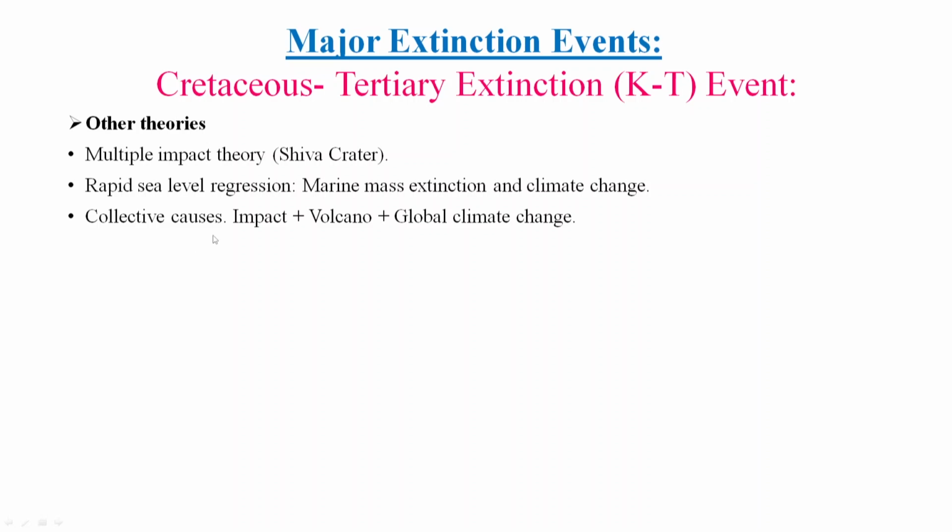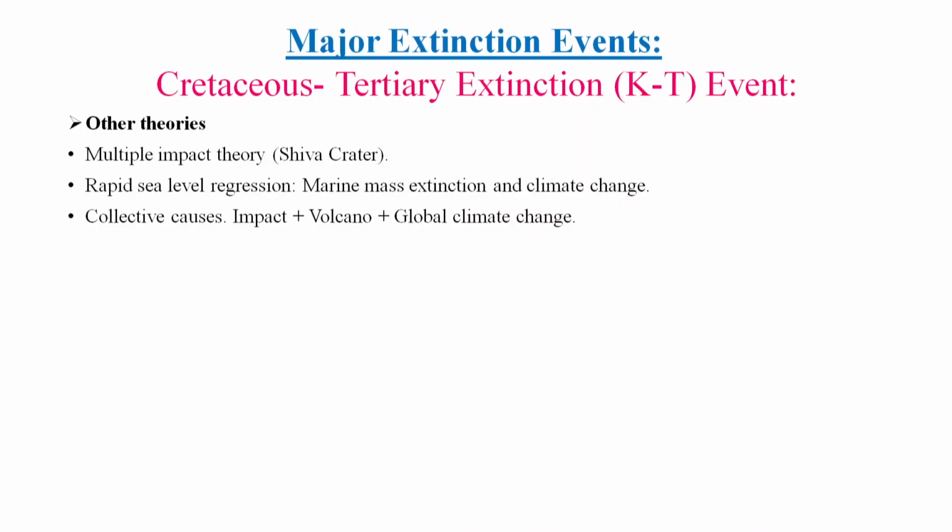And collective causes, like I was mentioning, an impact in the western hemisphere and volcanism in the eastern hemisphere, led to a complete change in the global climate, leading to what we now refer to as one of the major extinction events, the Cretaceous-Tertiary or KT extinction.